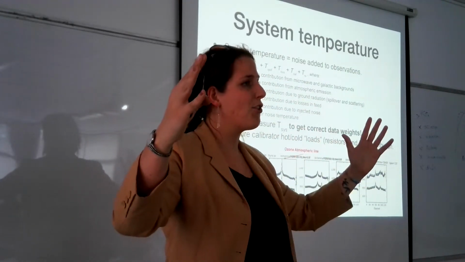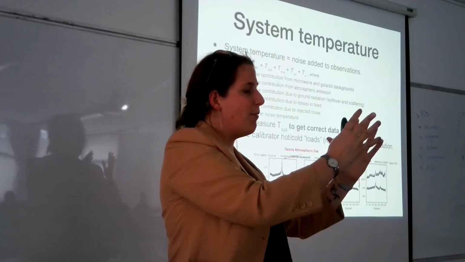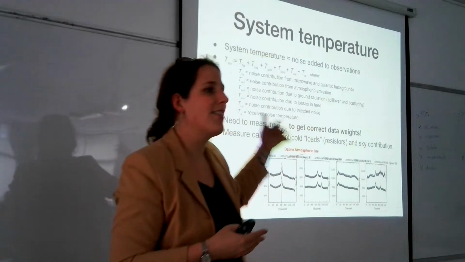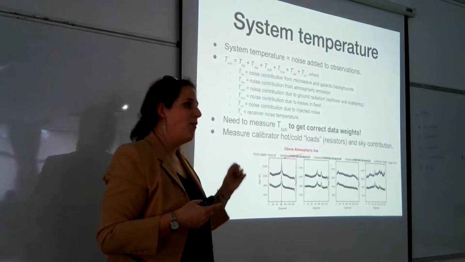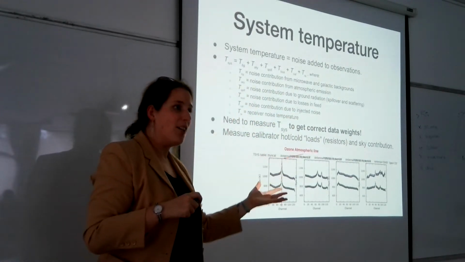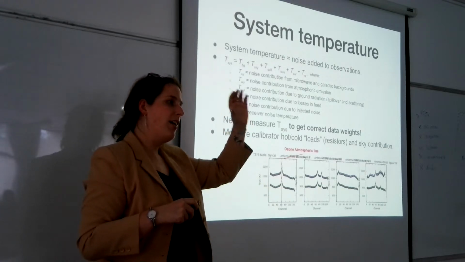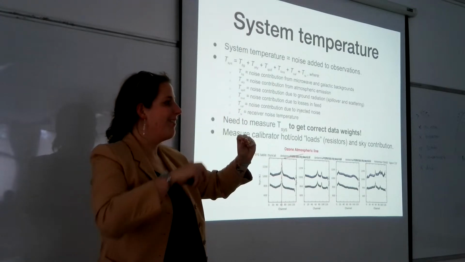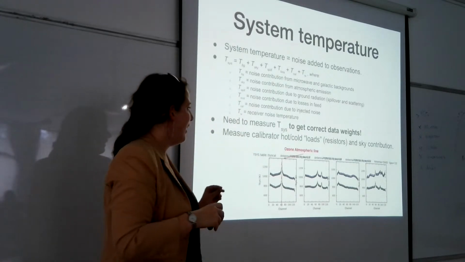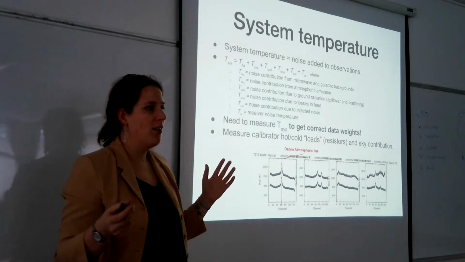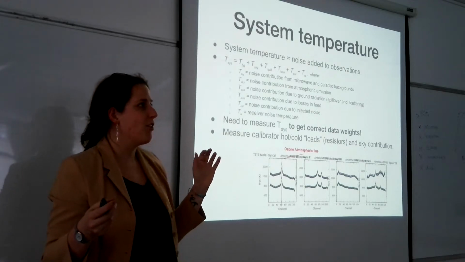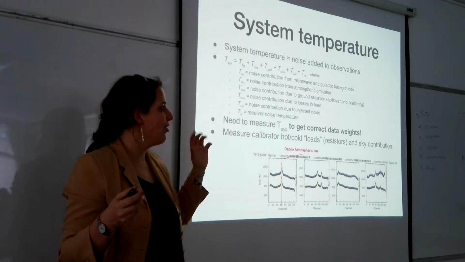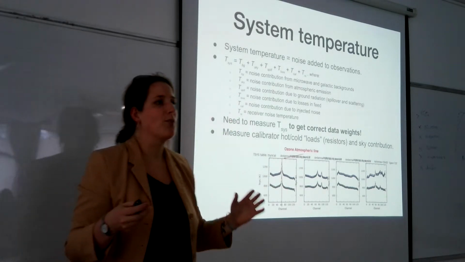So again, if we have 2 hours of data, and in the first 15 minutes we had a lot of this kind of noisy emission, we don't want to throw away those 15 minutes. We just want to make sure that it is included less in combining all the data together. Say we have 15 minutes, so let's say we're only going to use that for like 5% of the time.